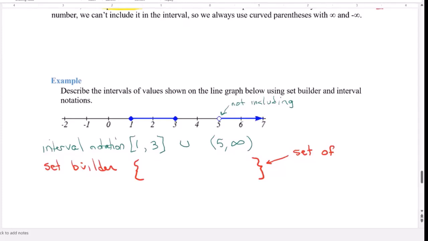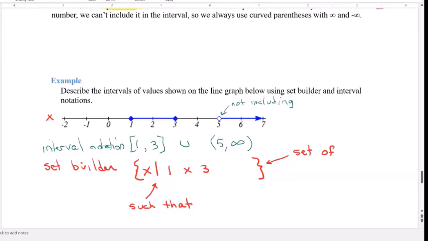So we have a set of, and we're going to say this is an x-axis. So we're going to say the set of all x values such that, this means such that. And now I would put my interval. So how would I do it? Well, I'm going from 1 to 3. In between there's values of x.